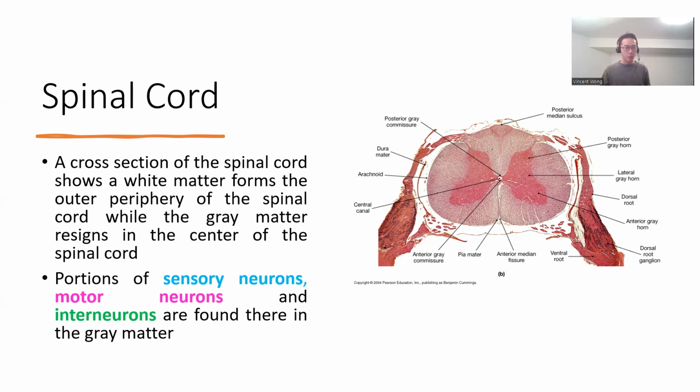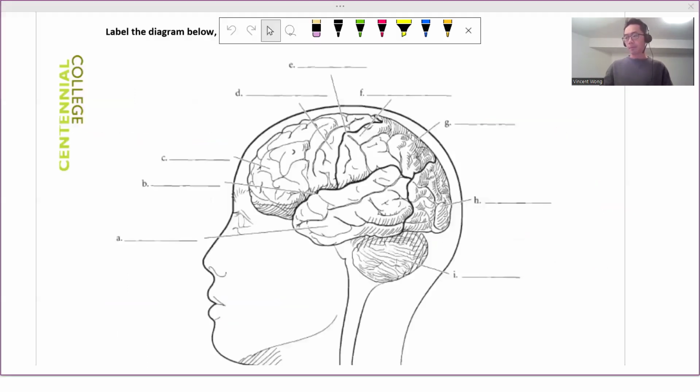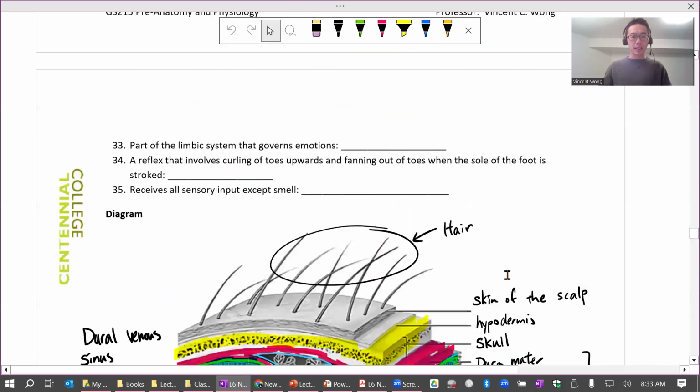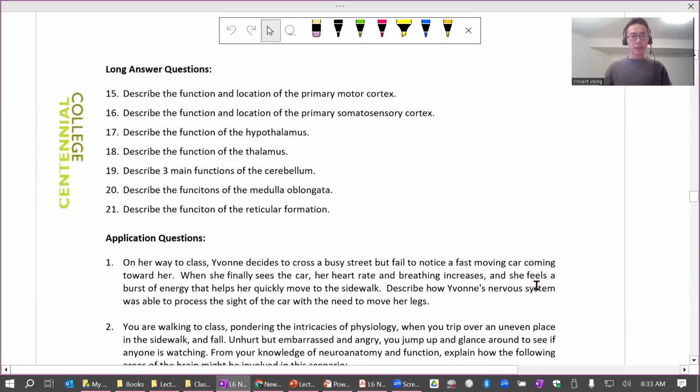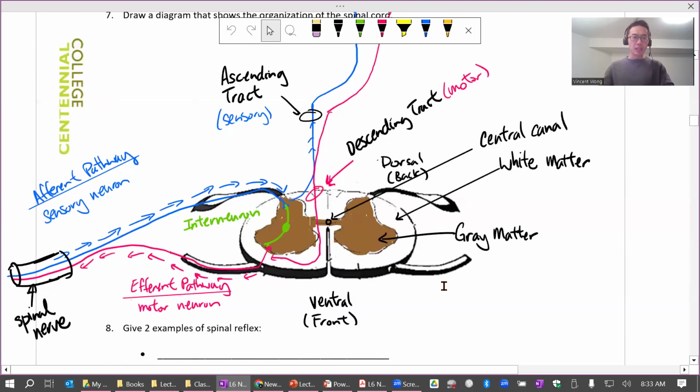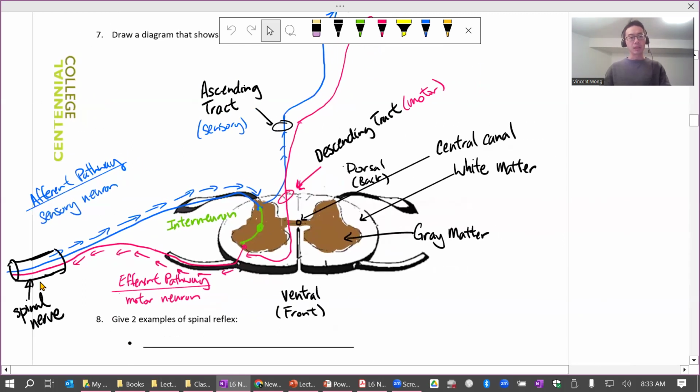Before the break, we were talking about the structure of the spinal cord, and we drew a diagram on it. Let me see if I have it here in the study guide. There is a picture of a slice of the spinal cord, and let me quickly go through it in case you need a refresher.